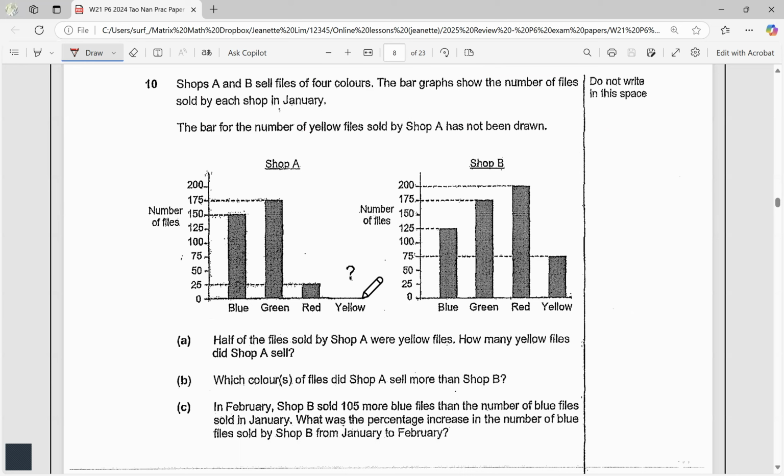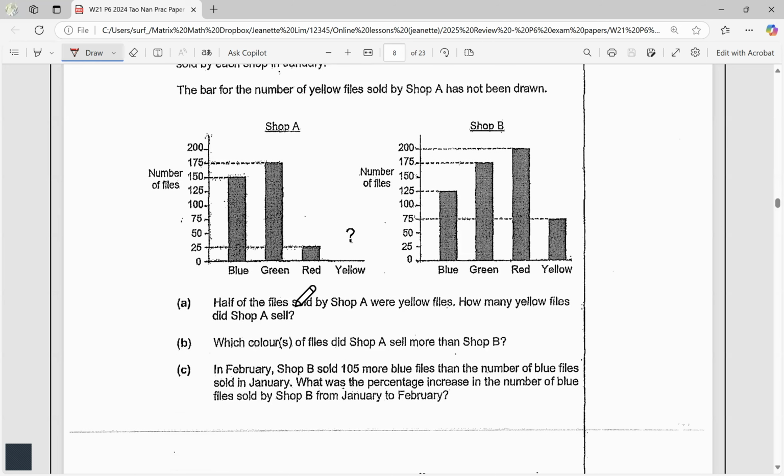If half were yellow, it means that the other half will be the total of blue, green, and red. So by finding the total of blue, green, and red, that's the same as yellow. So I just need to add them up. Blue will be 150, green 175, and red is 25.